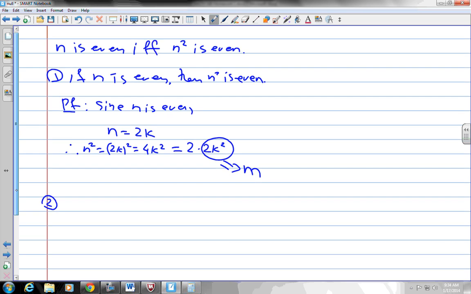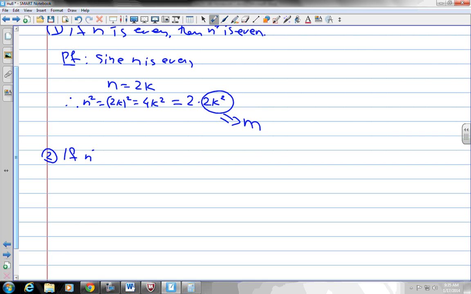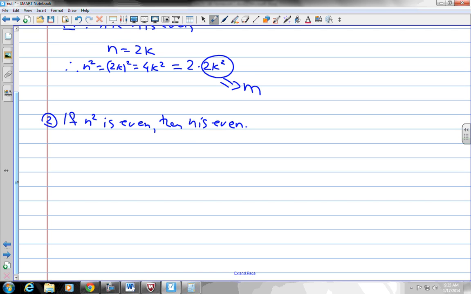Now, going backwards, if n squared is even, then n is even. That one is a little trickier. Okay, well, we can do that one by contradiction, actually.